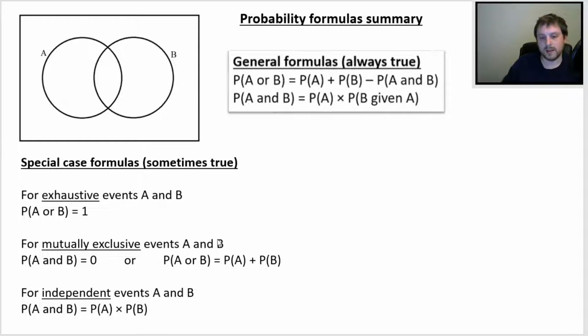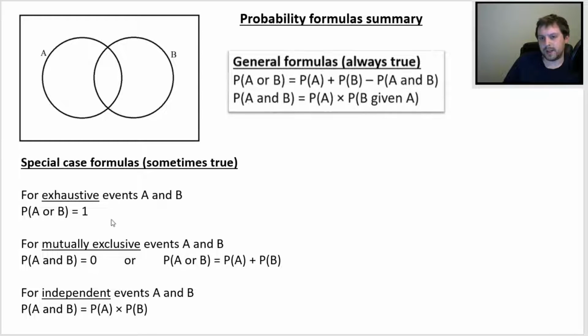That's what this formula tells you to do, and it's what you've been doing since GCSE. And then, okay, for independent events, the AND formula, the probability of A and B, this thing here simplifies. Now, it doesn't simplify as nicely as if we're mutually exclusive, right?